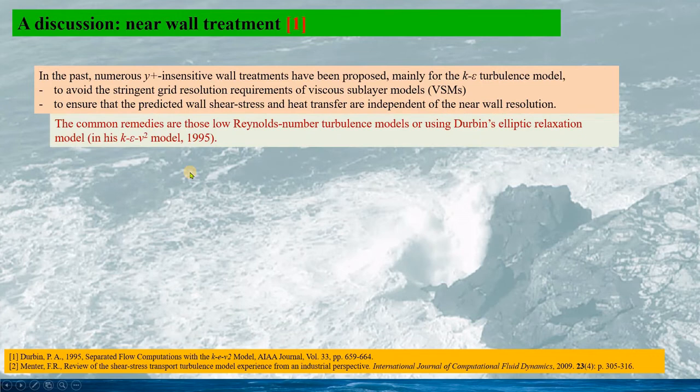So the common remedies are those low Reynolds number turbulence models, or use Durbin's elliptic relaxation model, which is implemented in his K-epsilon v squared model, published in 1995.